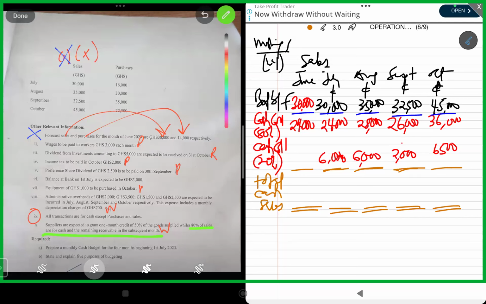The June figure I can write, but I'll not record it in the final work, because the final work didn't instruct me to include June. It says from 1st July. So I'll add 24,000 to 6,000. What do I have in July? 24,000 to 30,000. Then August, sum it up for me.